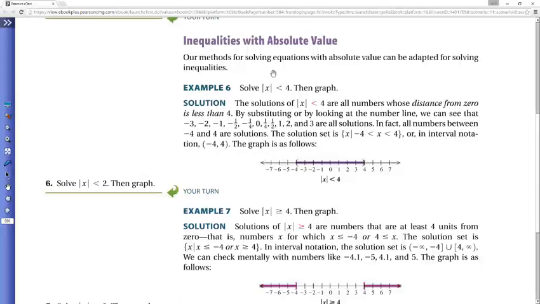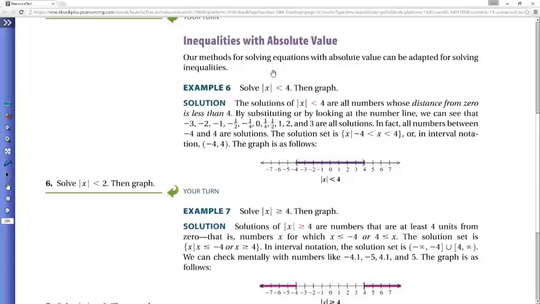So we have the absolute value of x is less than some number, in this case 4. If I think about this graphically, it means I have a narrow set close to 0, or associated with 0, that makes this true.